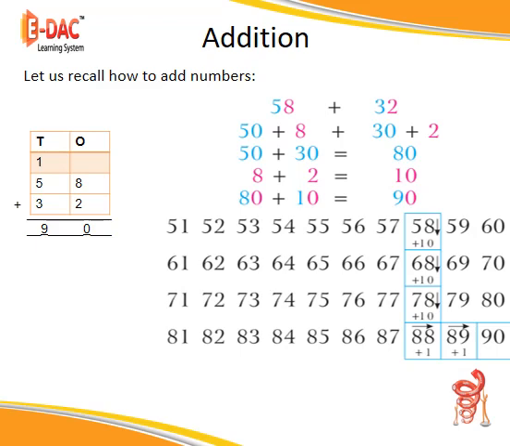We will count the numbers from 59 until we come to the 32. 59 is first number, 60 is second number, and so on, and we will stop at 90, which is 32nd number, and we will get the addition value as 90.